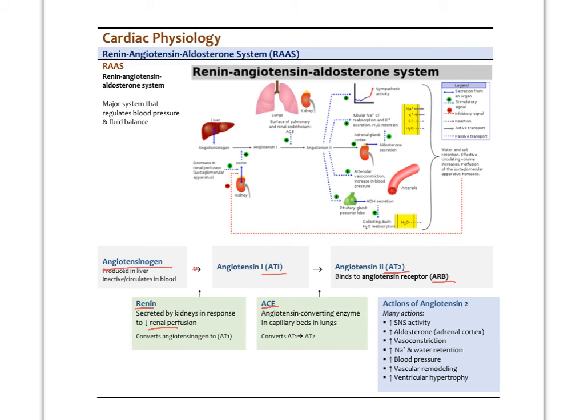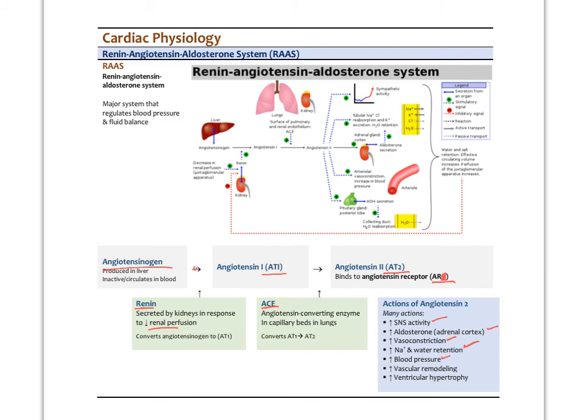Actually, an ARB, so it's AR. An ARB would be an angiotensin receptor blocker. So the action of angiotensin 2 would be to increase sympathetic activity, increase the aldosterone from your adrenal cortex, as I talked about in the last video, increases vasoconstriction, increases through aldosterone sodium and water retention, will increase blood pressure. It has other effects.